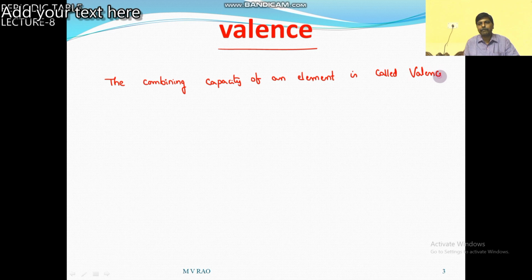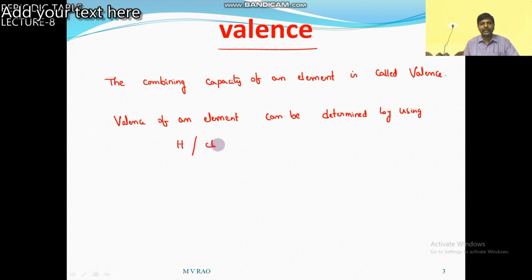The valency of an element can be determined by using either H or Cl or O, monovalent atoms like hydrogen and chlorine, or oxygen.